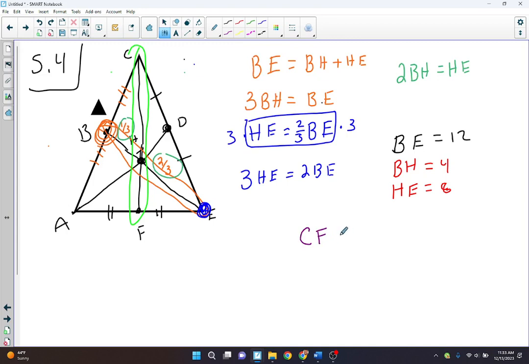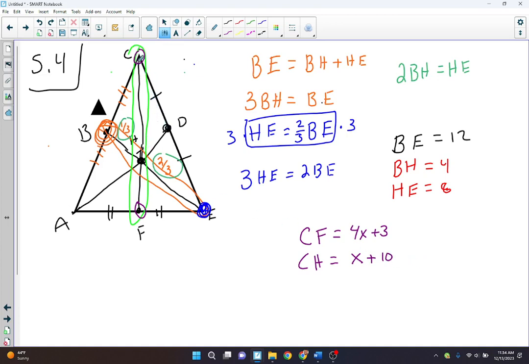All right. Let's say I told you CF was 4x plus 3. The 2/3 one is always hitting the corner, while the 1/3 one is always hitting the side. So let's say CH is x plus 10.